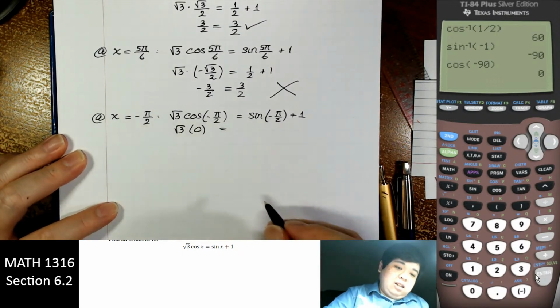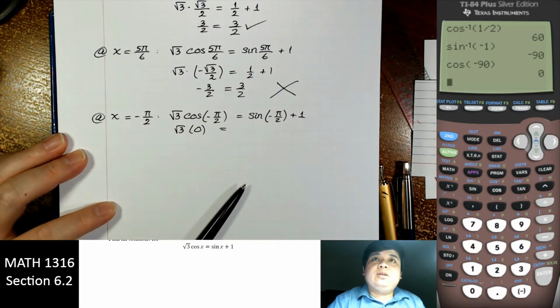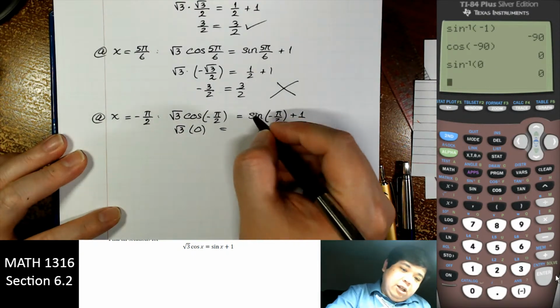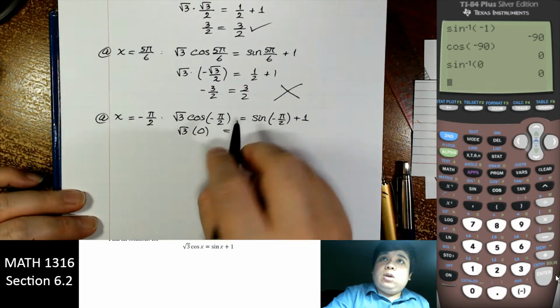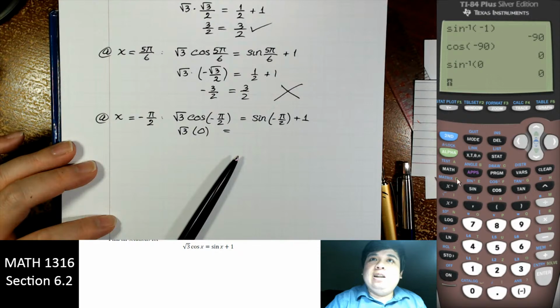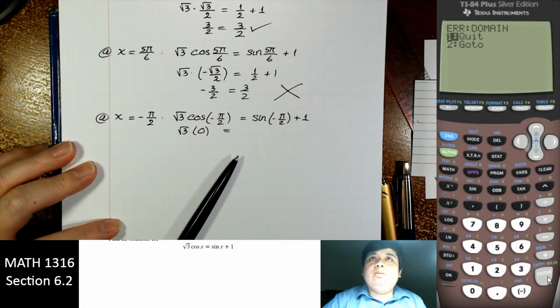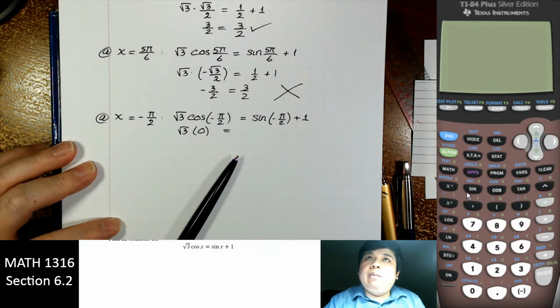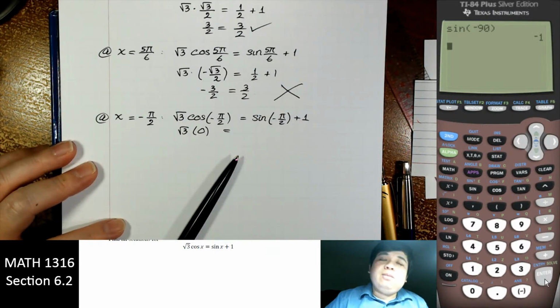And sine of negative 90 degrees is negative 1.